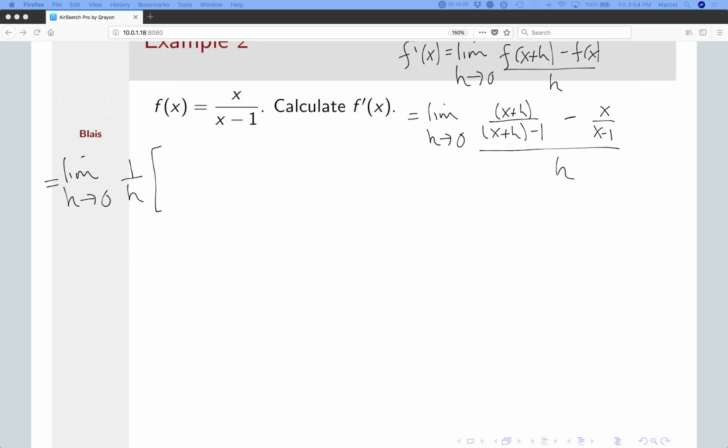And what we need to do here is get a common denominator. So the common denominator will be the product of these two denominators. So we're going to take that first term, x plus h over x plus h minus 1, and multiply it by x minus 1 over x minus 1.